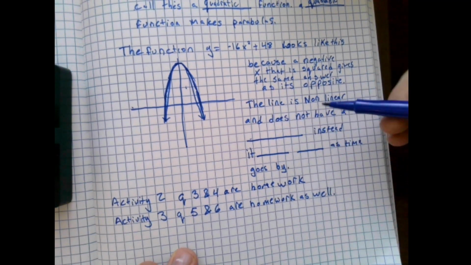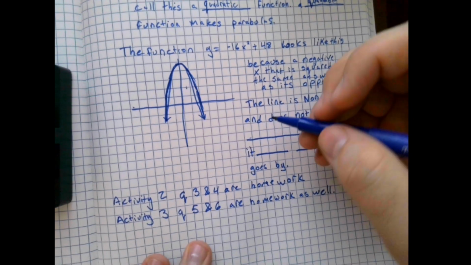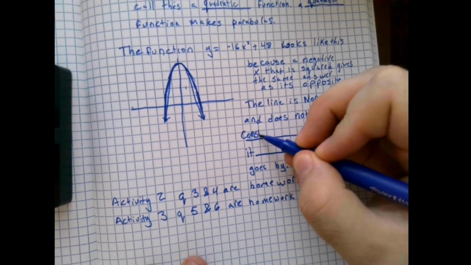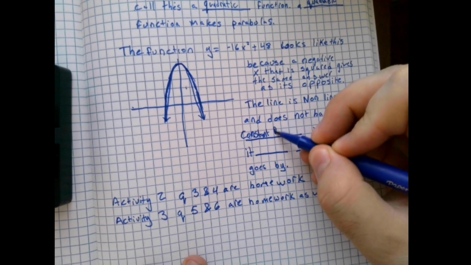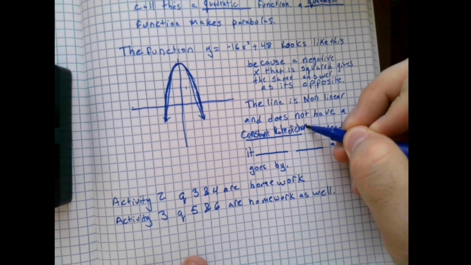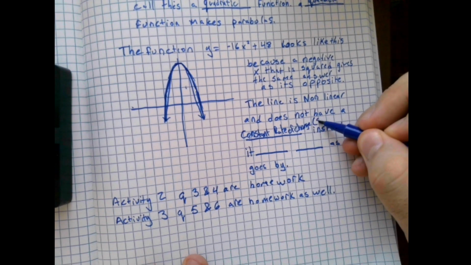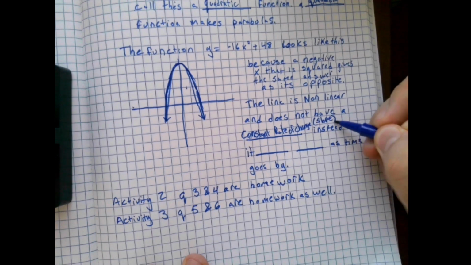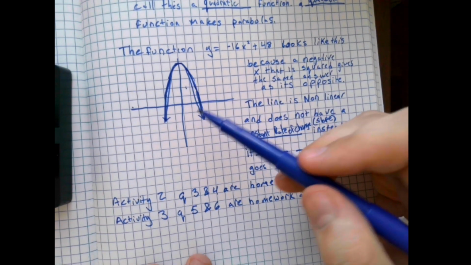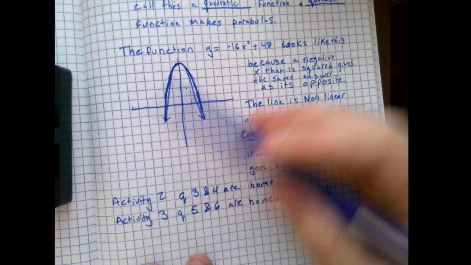So this line is nonlinear, and it does not have a constant rate of change. Now, a constant rate of change is just a slope. It doesn't have a slope. We can't find a point on this line that tells us how fast it's going for the whole line.